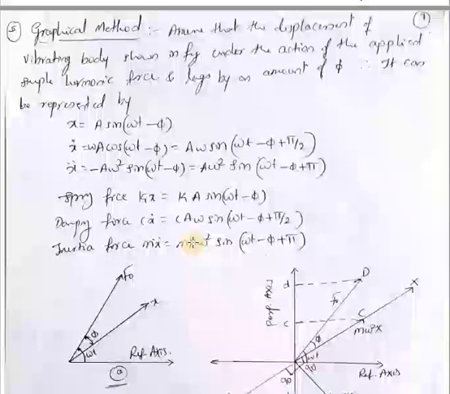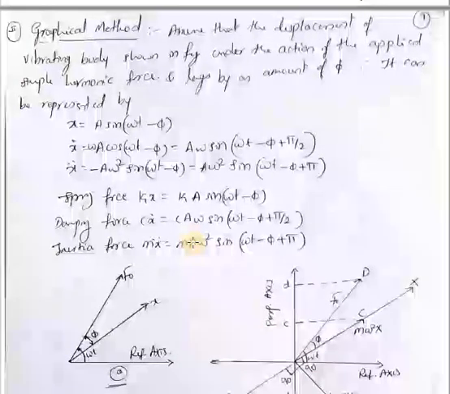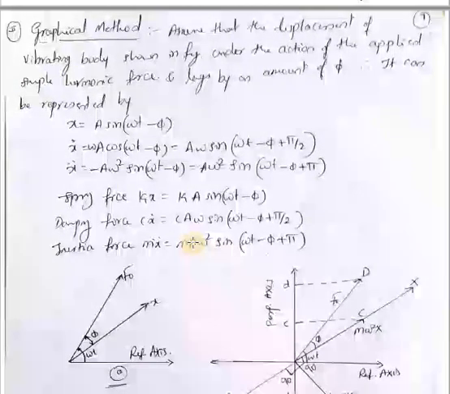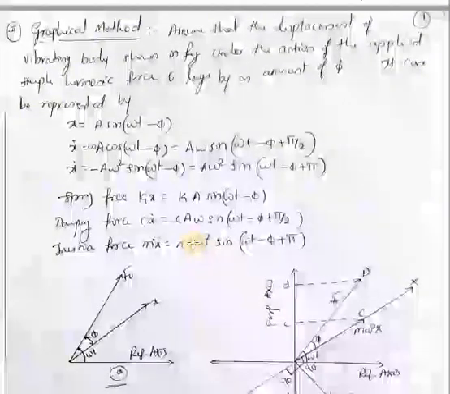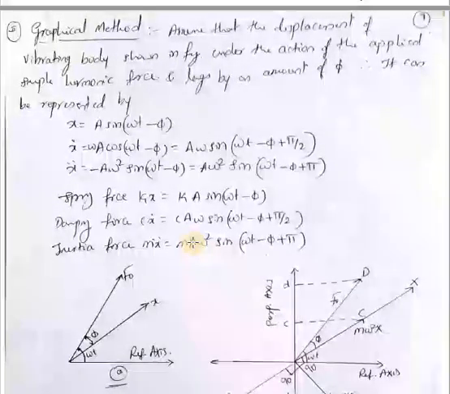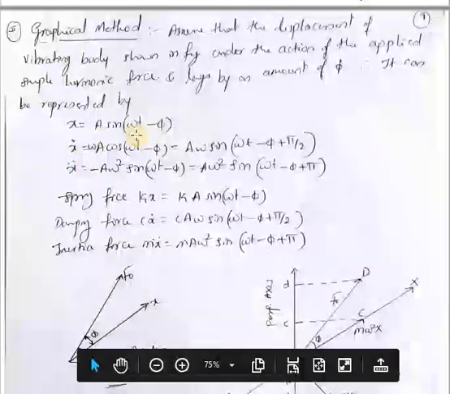In the graphical method, let us assume that the displacement of the vibrating mass shown in the figure, under the action of applied SHM, is also a simple harmonic and lags by an amount of phi, so that it can be represented by the equations like x equal to a sine omega t minus phi, x dot, x double dot.